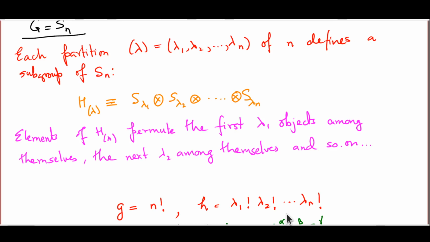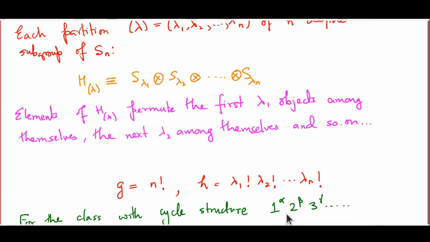Now in g_l we are looking at the number of elements in a particular class, and we have already learned earlier that the number of elements of a given class, which remember is characterized by a particular cycle structure, can be easily related to the numbers of the different cycles that are there.